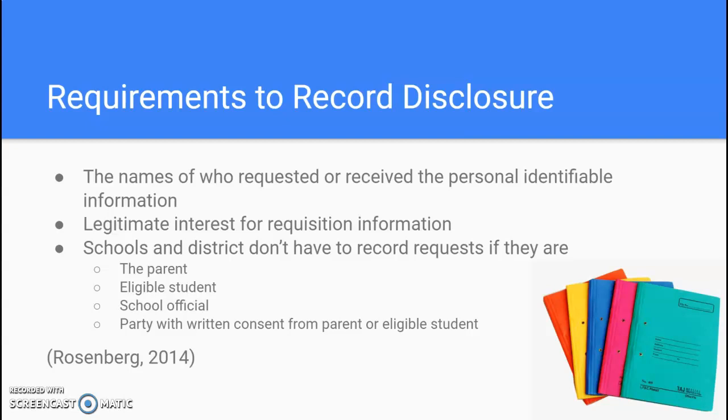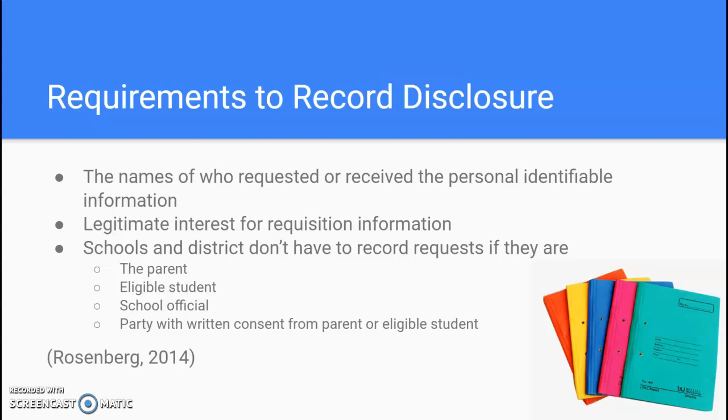They also must provide a legitimate interest for the requested information. If they have not gotten consent from the parent or eligible student, they must get consent from them first before you can share any information with them.